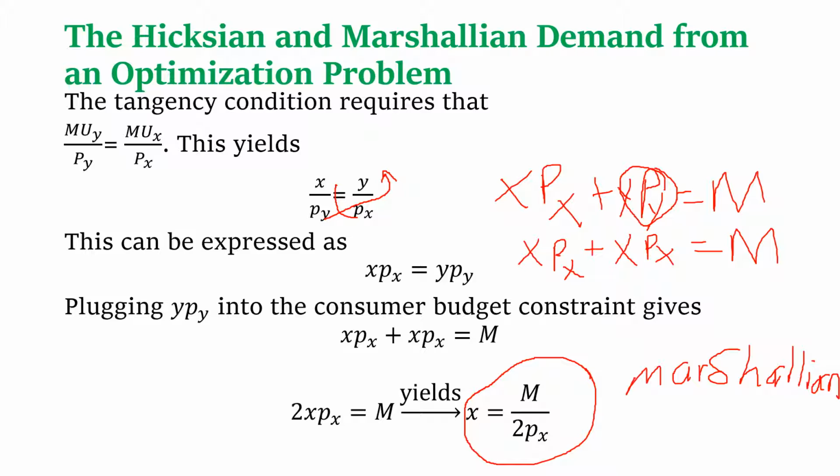So the quantity demanded x is expressed inversely as a function of the price. That is to say, when the price of the good increases, the demand for the good falls. So this satisfies the law of demand. Okay, so this is our Marshallian demand function.